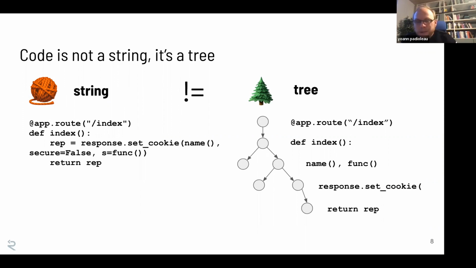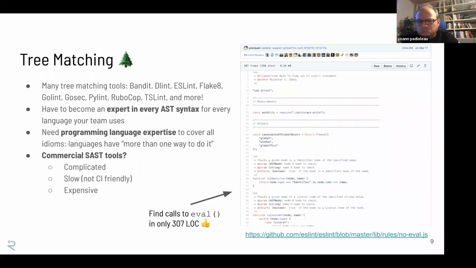And so there's a big inadequacy between the grep tool and a tree. Actually, there are lots of what I call tree matching tools to find bugs. Here I've listed a few: Bandit for Python, dlint, ESLint for JavaScript, Flake8 for Python, golint, gosec, pylint, rubocop, tslint, and more.